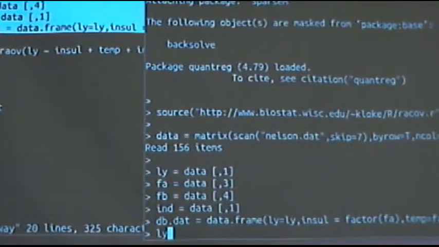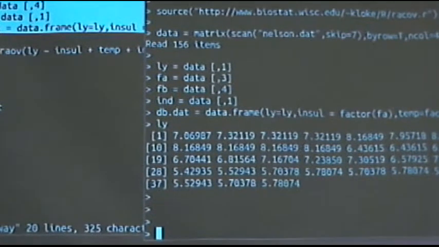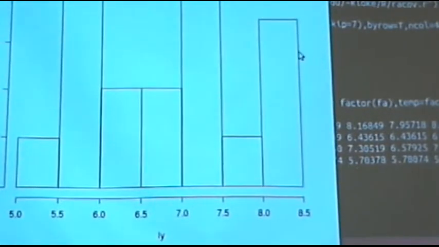So this is our response to cell line. The logs of the data, we can do a histogram of it. It's not residuals, you have to be careful.